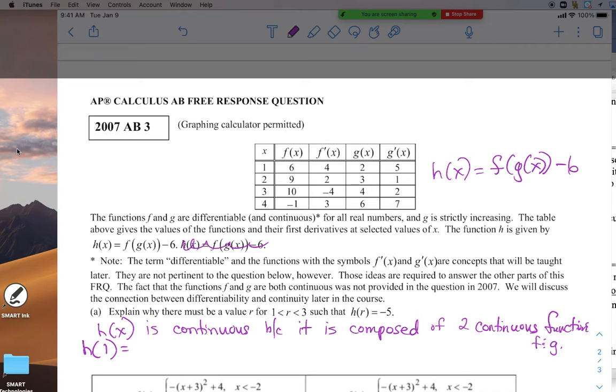Well, h of 1 is going to be f of g of 1 minus 6. So we're going to go find those two endpoints and see if -5 is in between those two, okay? So let me give you a quick head start on me and go figure out h of 1. And if you're super speedy, get to h of 3 before I get started.